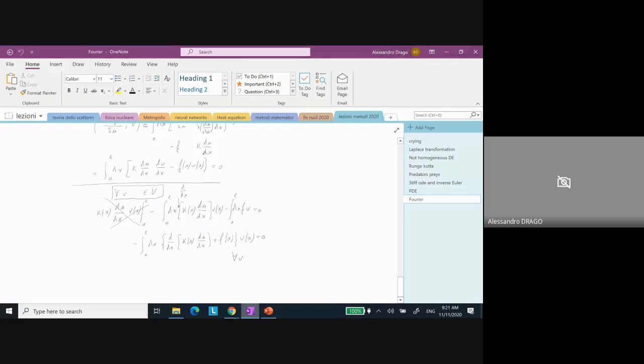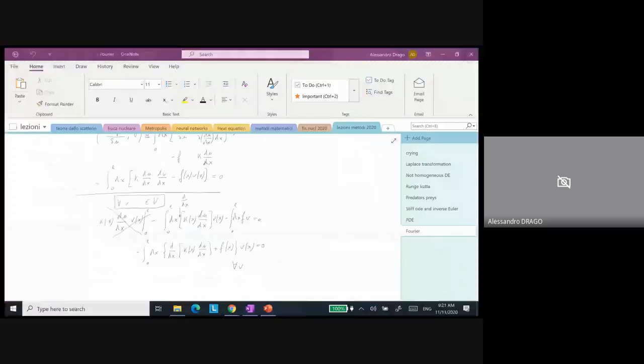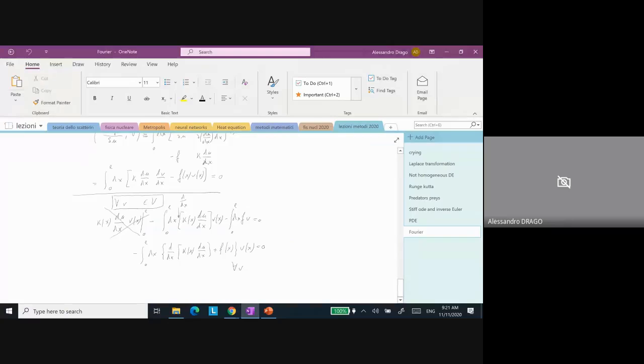So, let's restart from where we arrived last time. What we are doing is trying to develop a new technique for solving partial differential equations.